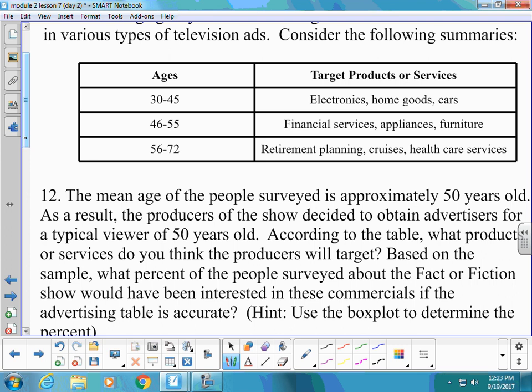Okay, so first of all, they targeted people that were 50 years old. 50 years old is in this category right here.